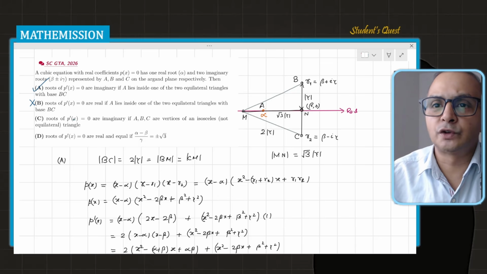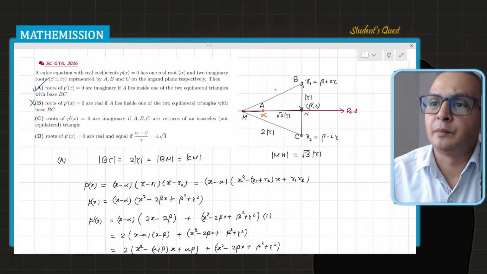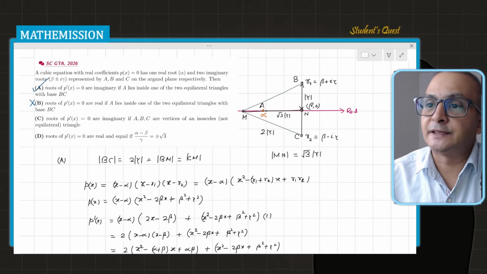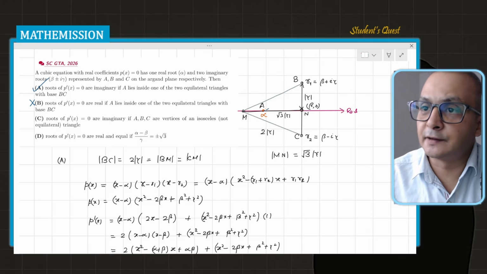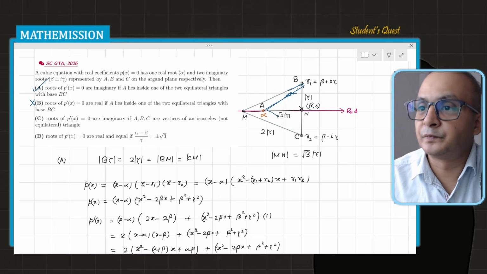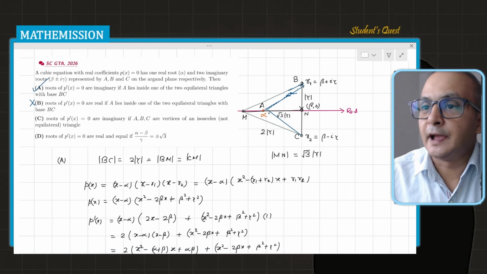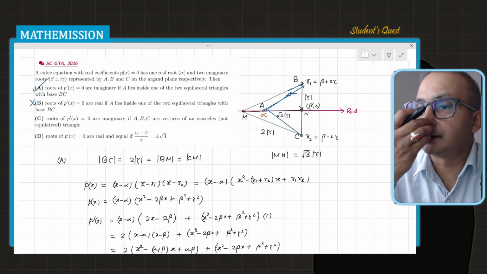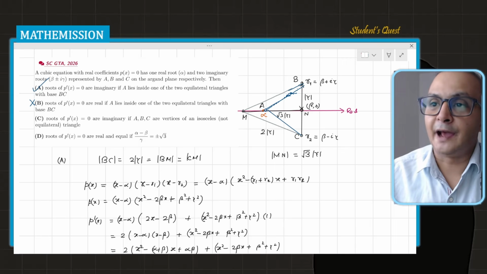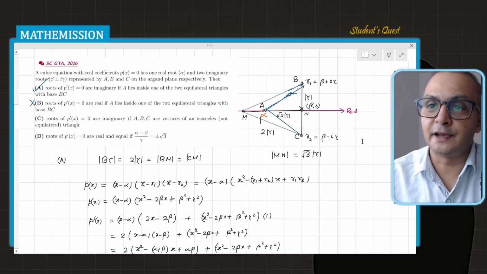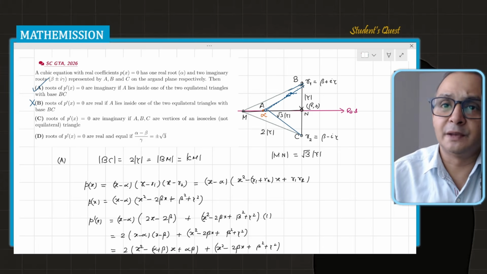What they're saying is roots are imaginary, but if it is exactly at A, then how can we say it? If this is equilateral and alpha should be inside it, how can it be imaginary? Because we have already proved imaginary.